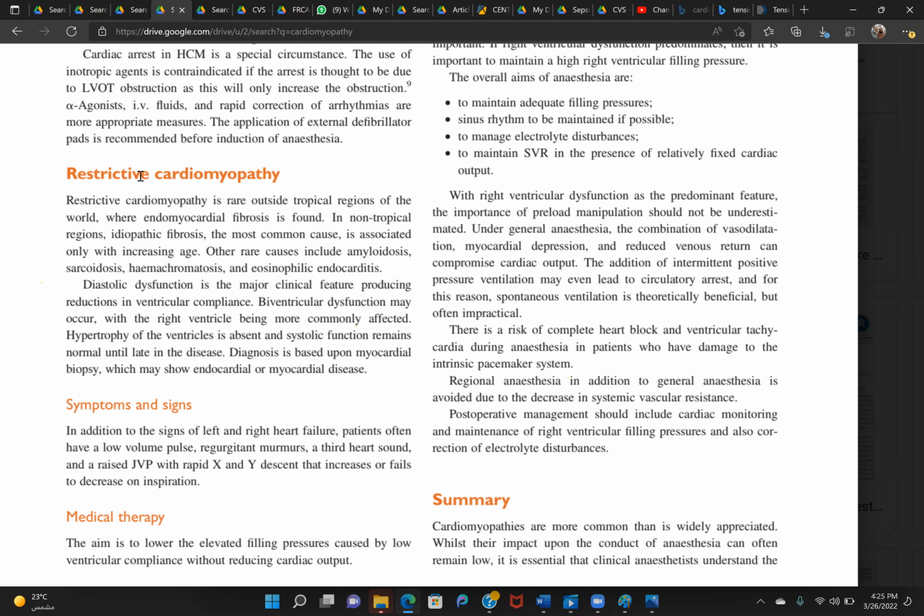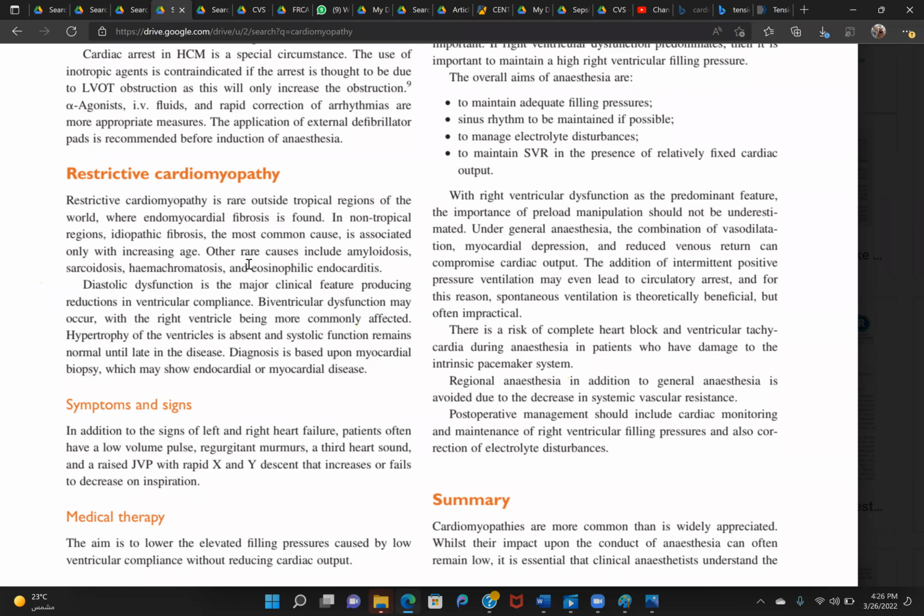So it is similar to what occurs in hypertensive patients. Biventricular dysfunction may occur, with the right ventricle being more commonly affected. This is in restrictive cardiomyopathy, not in dilated cardiomyopathy.